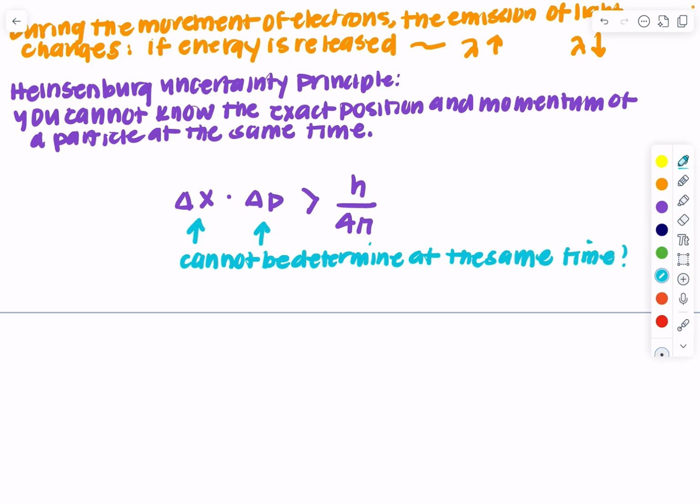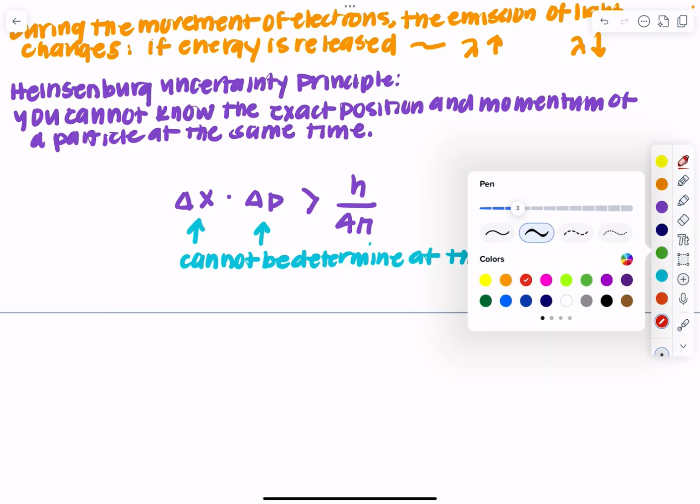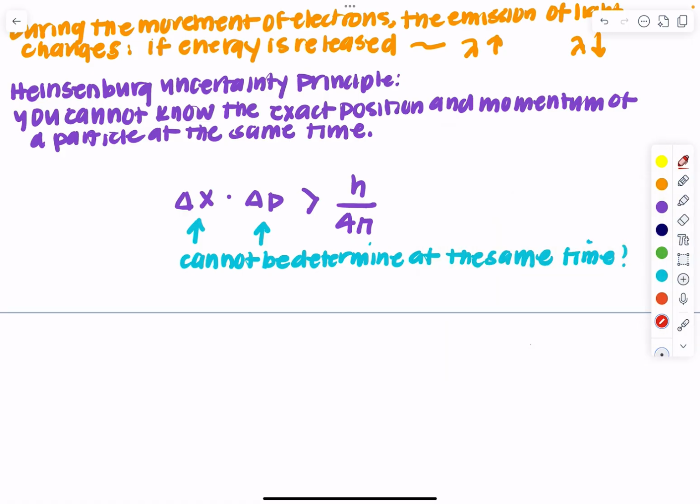And the Bohr model is actually a really nice way to handle all of this. When we come back next time, we're actually going to talk about the idea of Erwin Schrödinger's atomic orbitals.